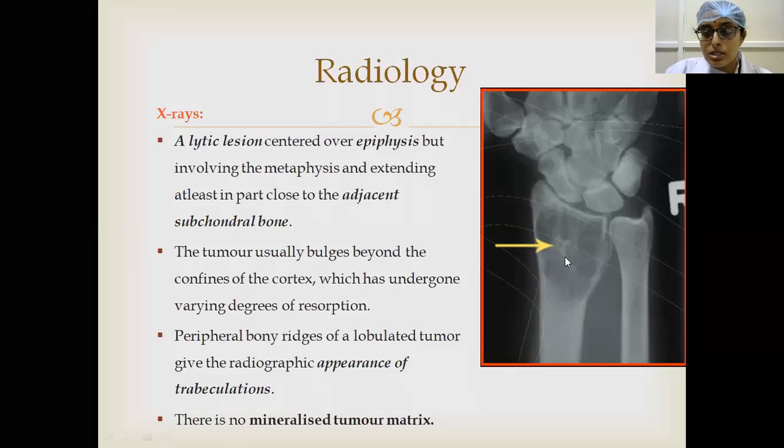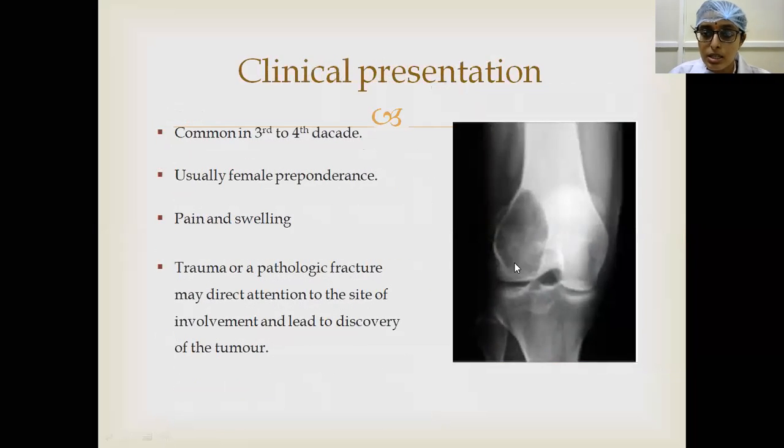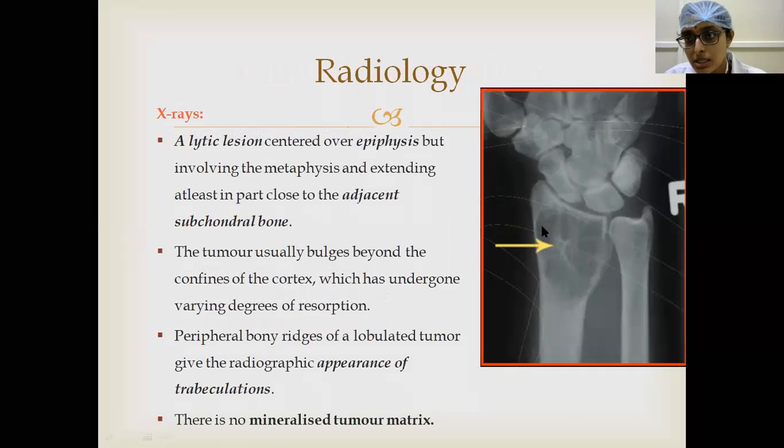But a GCT, as you have appreciated in this X-ray, is eccentric, expansile, expanding the cortex, thinning the cortex, and giving a soap bubble appearance. Usually there is no mineralized bone matrix, no tumor matrix in it, and it extends up to the subchondral bone. So these are all the different radiological features of GCT.